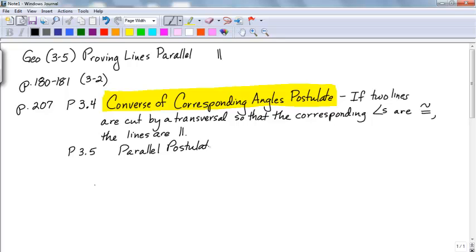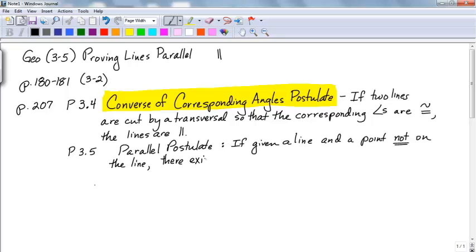The parallel postulate says if given a line and a point not on the line, there exists, and the higher you go in math, the more symbols mathematicians are going to use.